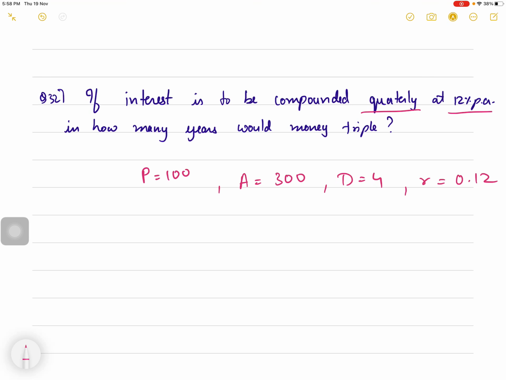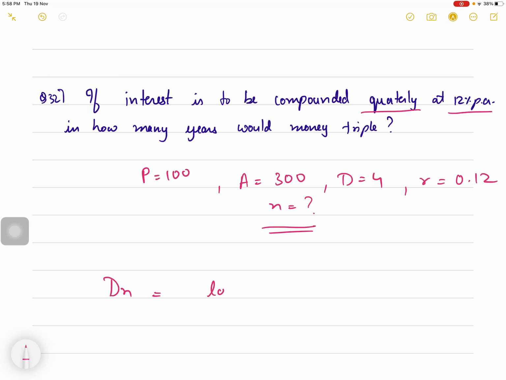Okay. So let's calculate. You have to find N: in how many years would money triple? Okay. So N formula you already know.